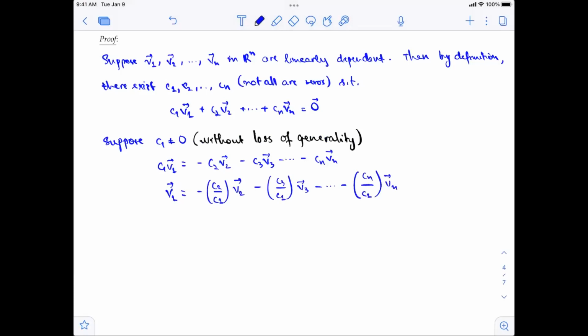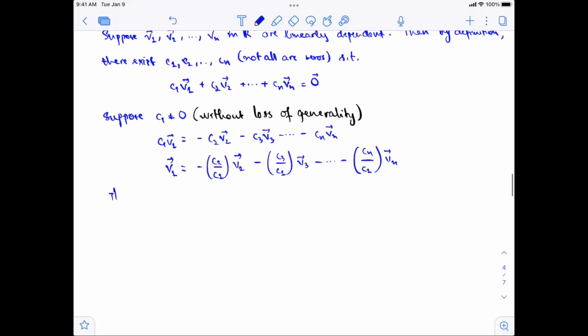Now, C1, C2 up to Cn are constants. Therefore, the fraction C2 over C1 is also a constant, C3 over C1 is also a constant, and so on and so forth. Now, if you put an extra negative sign in there, it is still a constant, right? The coefficient negative C2 over C1 is still constant. Negative C3 over C1 is still constant, and so on and so forth.